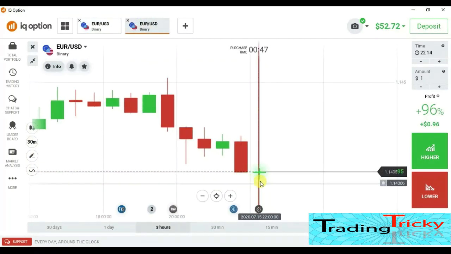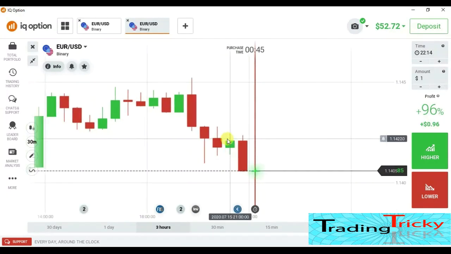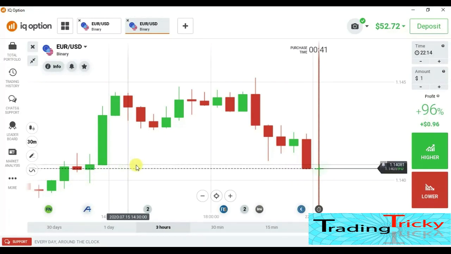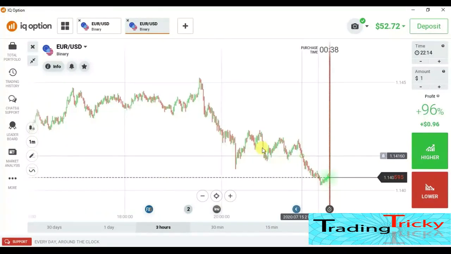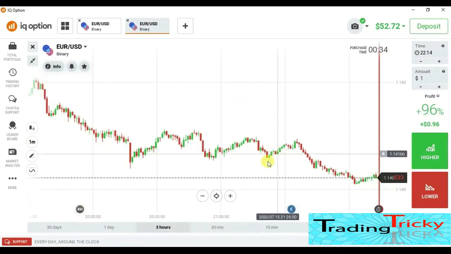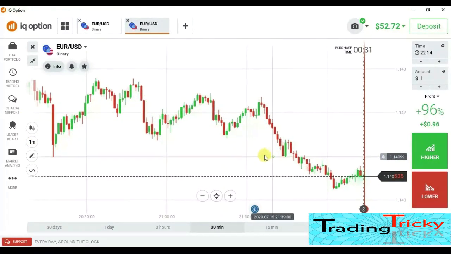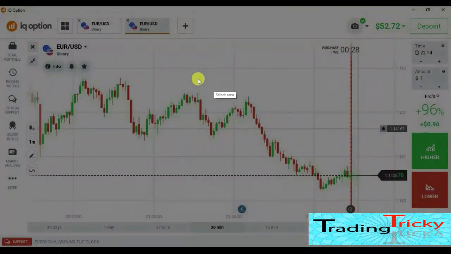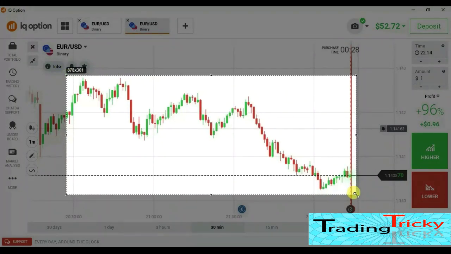Or when you see these candlesticks, you should know how to combine these candles. I have already explained these things a lot of times, because now this is a 1 minute candlestick chart. If you want to see the 5 minutes or 10 minutes, you don't have a lot of time to change the chart and take a decision. So now we already know this is a 1 minute candlestick.